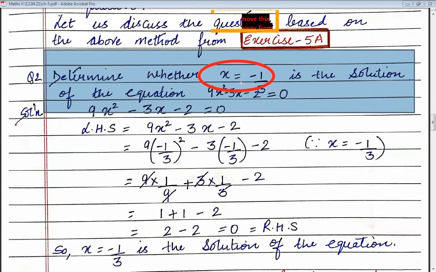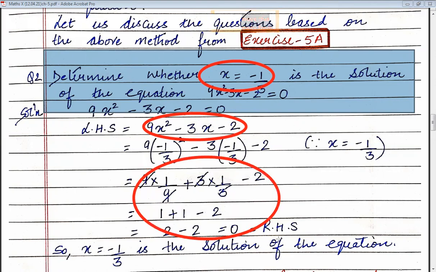So what you will do, you will substitute x is equal to minus 1 upon 3 in your left hand side. So just substitute the value as minus 1 upon 3. Now after cancellation and after simplification you will get your answer as 0. So as you get answer 0, it means this is a solution of the quadratic equation.